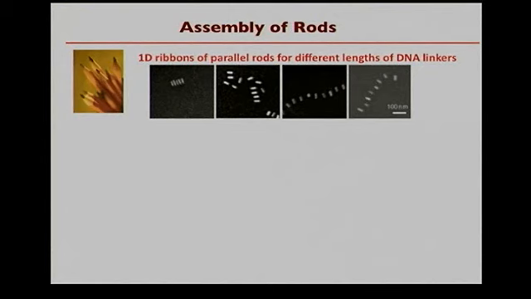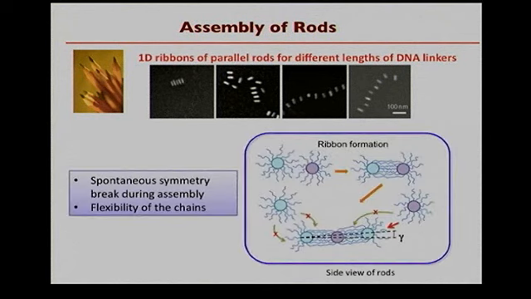This can be understood not only from the perspective of rods, but it's really necessary to take into account the interplay of shapes as well as all those chains which are connected to the rod. So this is what is shown here. It's the side view of a rod, and they have many chains attached.